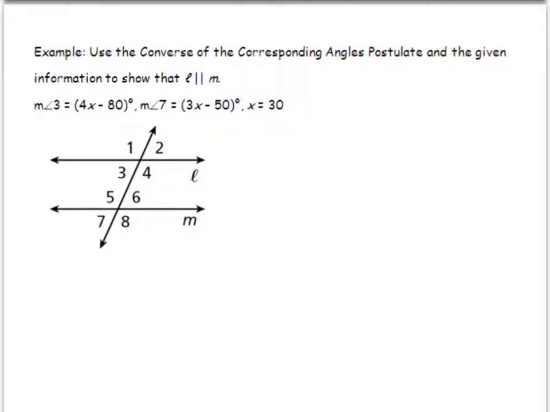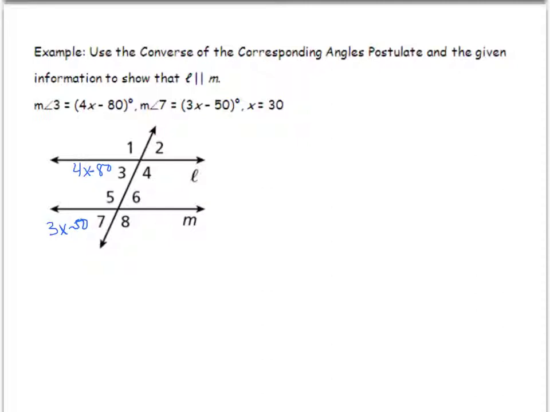Using this information, use the converse of the corresponding angles postulate. They want you to prove that the lines L and M are going to be parallel to each other. They give you some information. They tell you that the measure of angle 3 is 4x minus 80, and that the measure of angle 7 is 3x minus 50.